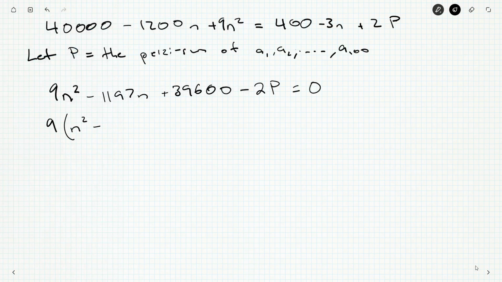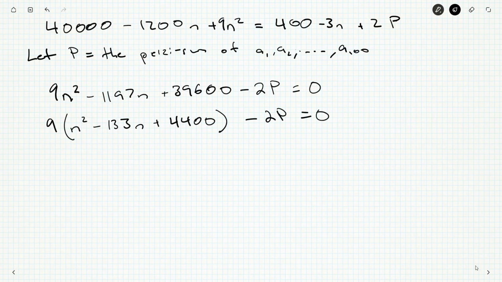I'm going to grab my calculator just to make this quick. So minus 133n plus, and then 396 divided by 9, 4400. And I'm going to leave off the 2p. I don't know what to do with it. I don't think I can take off a factor of 9 there. I mean, I suppose I have to.